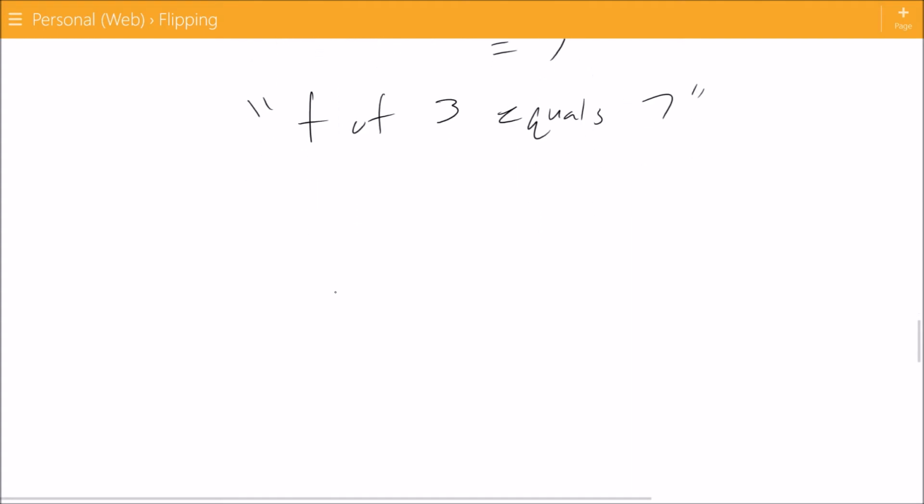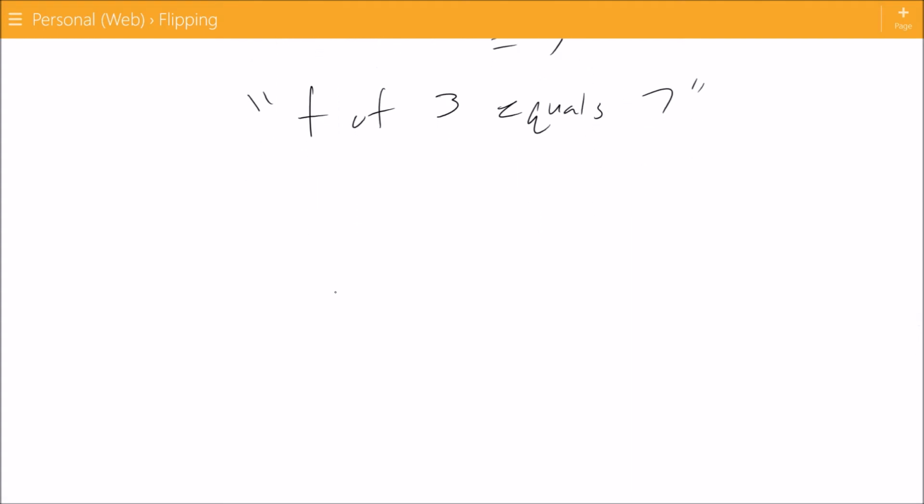Quite often, you will see something other than x as well, and that doesn't mean that's the end of the world. You might see something like f of t. T is nice because that is time, and you will see that in physics.